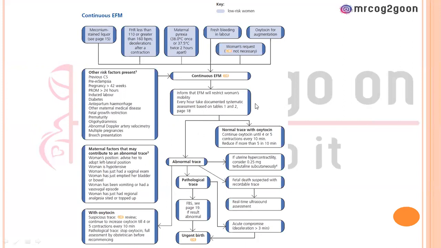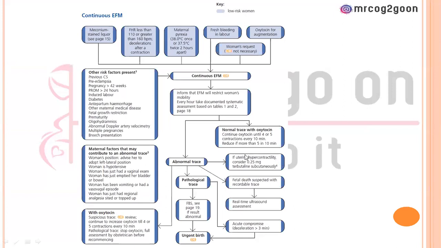Okay, this is how we monitor the patient in birth, and I will say this in a few minutes. If the trace is normal with oxytocin, continue until 4 or 5 contractions every 10 minutes. Reduce it if more than 5.